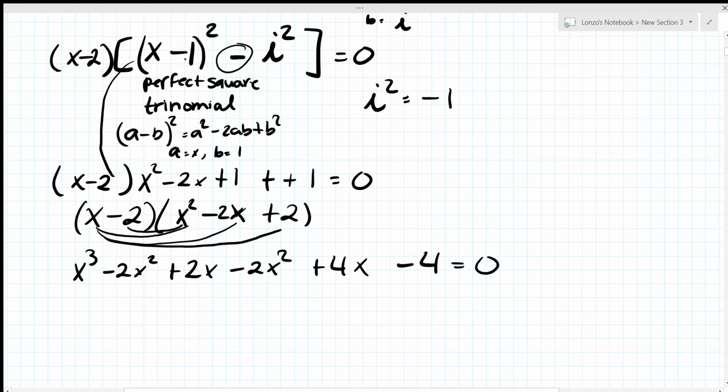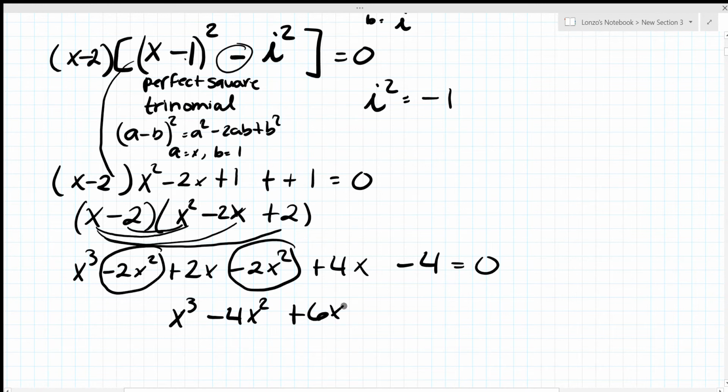Now, the last step is collect like terms. So the highest degree is x cubed. Then our next highest is degree 2, but there's two of them. We have one here and one here, so that's negative 4x squared. And then 4x plus 2x is 6x minus 4.